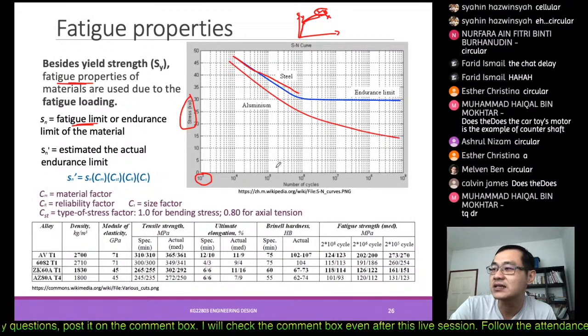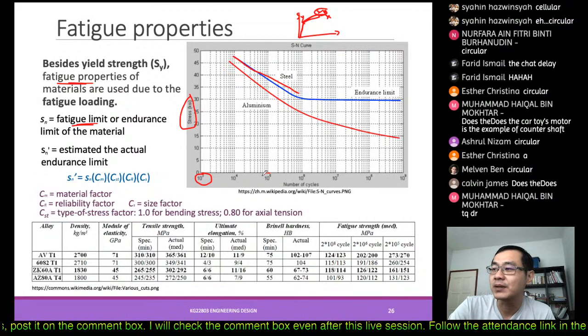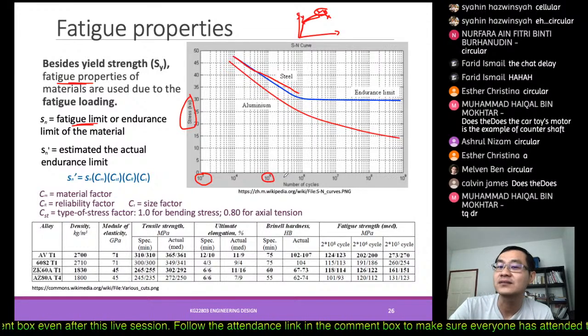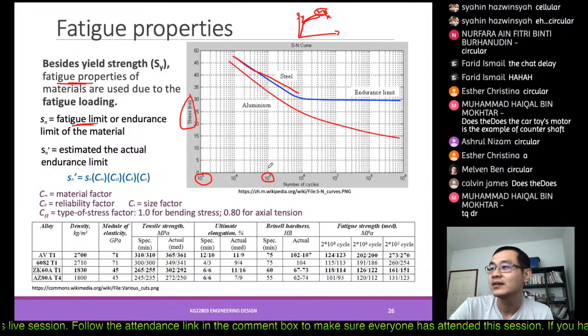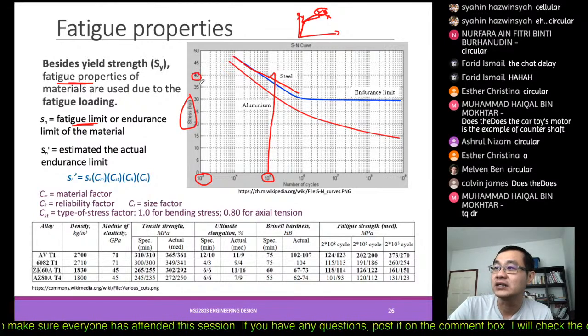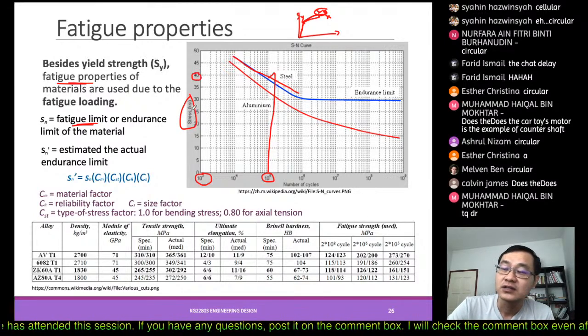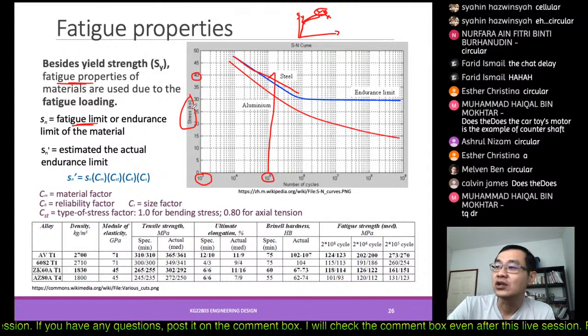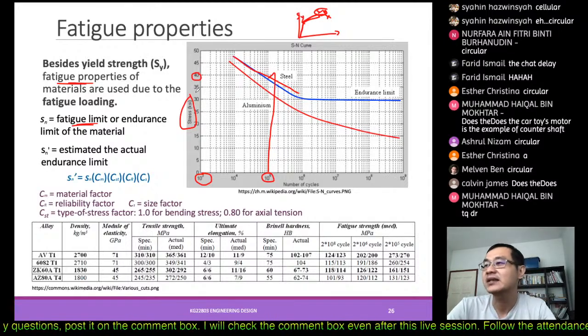Let's say you apply a load to rotate 10 to the power of 5 times, at a stress of 40 kilo square inch, KSI.